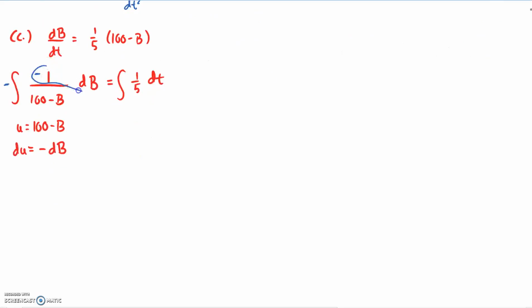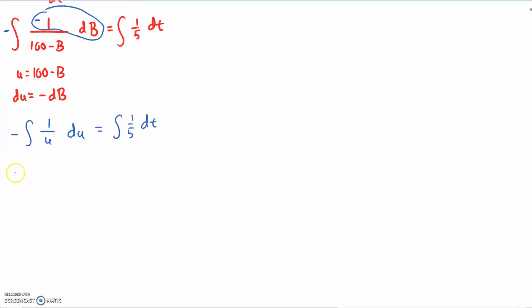The negative dB is going to be du, and 100 minus b is going to be u. So then we have a constant multiple of a negative. The integral of 1 over u du is natural log of the absolute value of u, where the u is 100 minus b, and then 1/5 t, and then plus c.